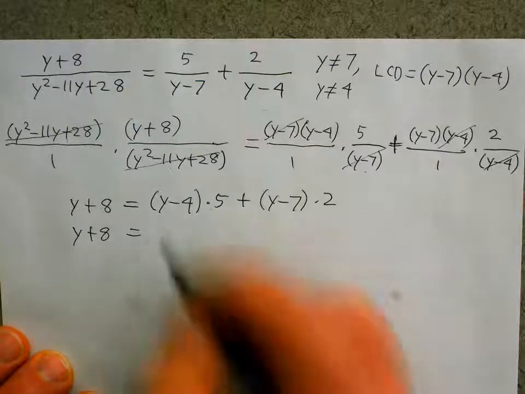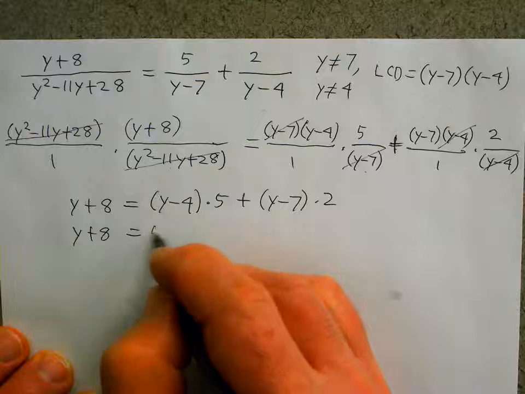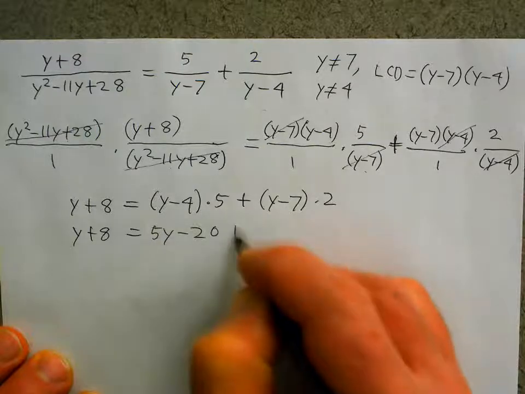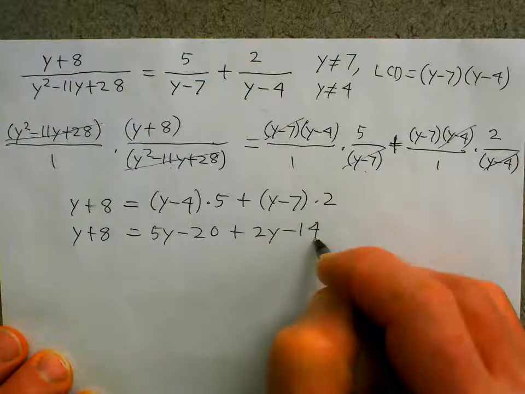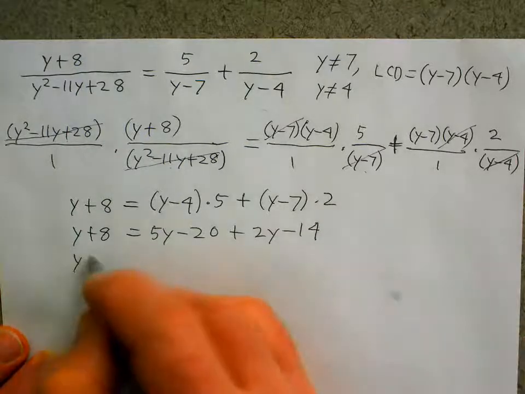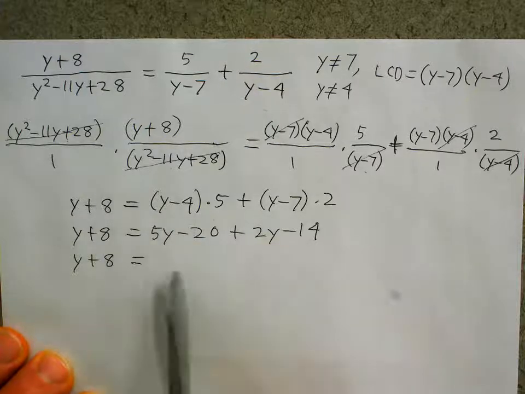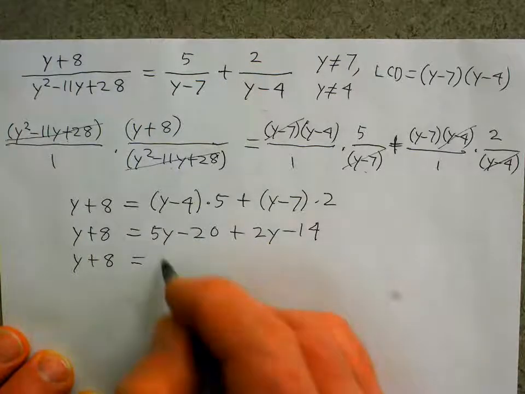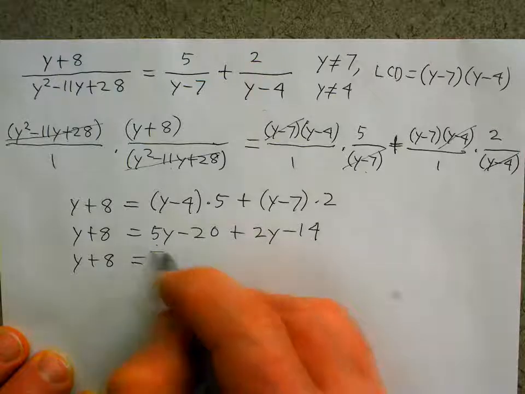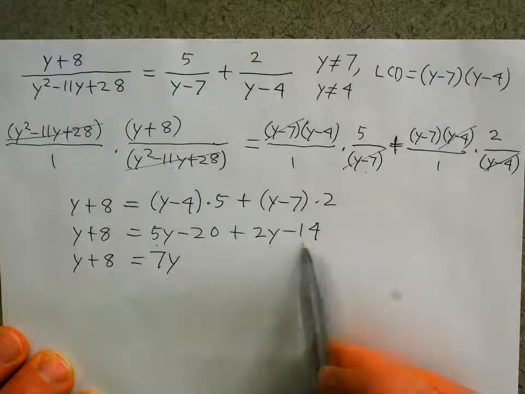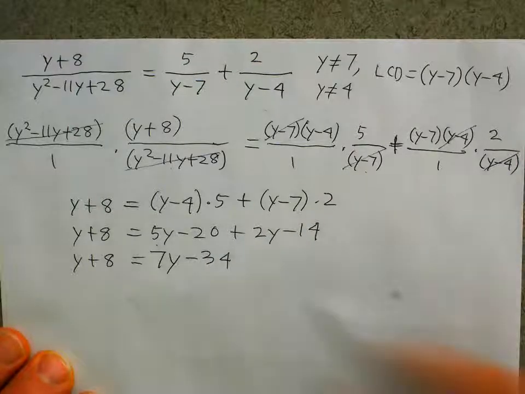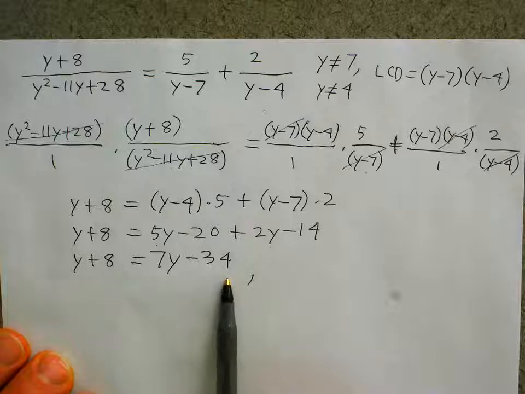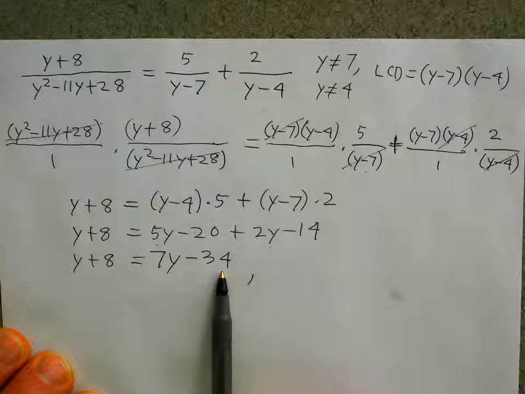Distribute multiplication here: y minus 4 times 5 is 5y minus 20, and y minus 7 times 2 is 2y minus 14. Combine the like terms on the right-hand side. 5y plus 2y is 7y, and minus 20 minus 14 is minus 34. Now let's add 34 to both sides.